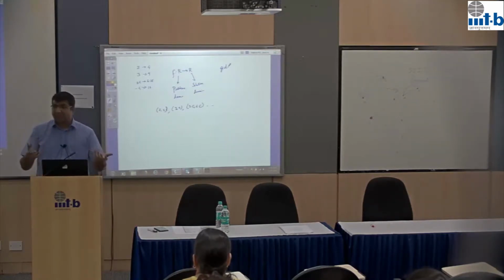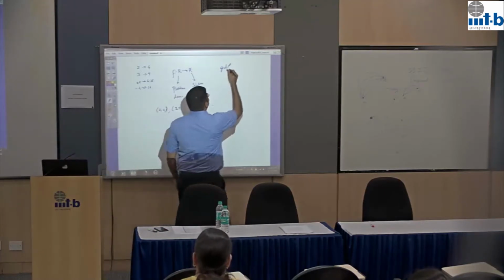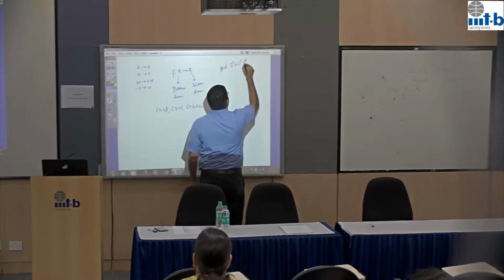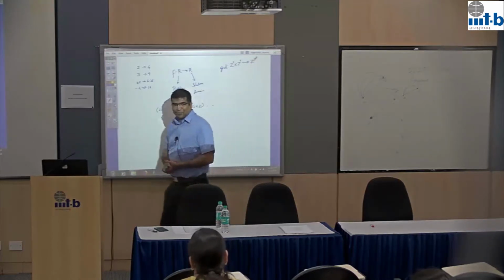A set of numbers, or in the simplest form, 2 numbers. How do you represent 2 numbers? A cross product. So I say a set of 2 integers, I'll just write Z plus, 2 positive integers, to the set of positive integers.